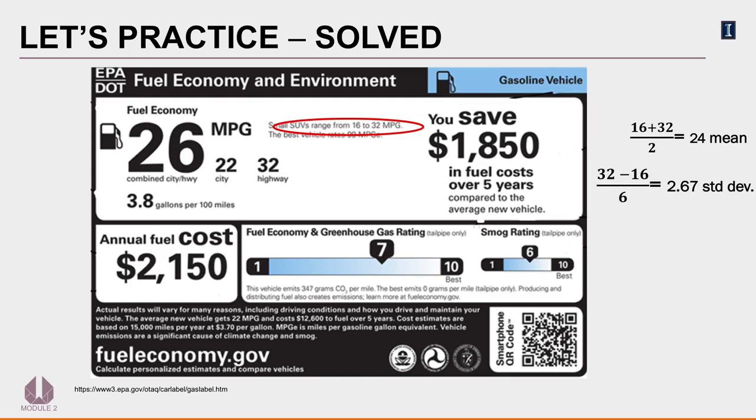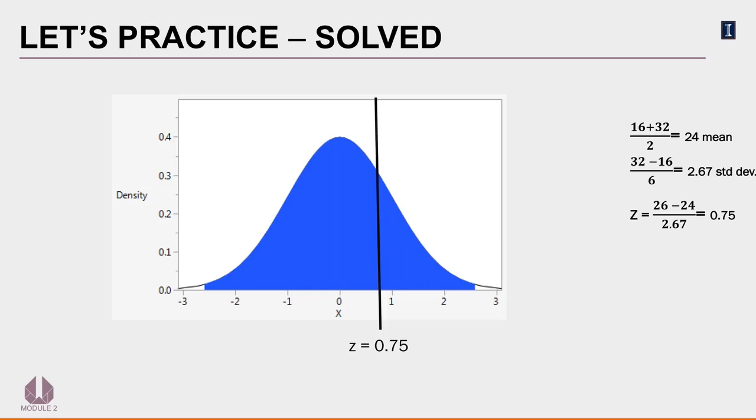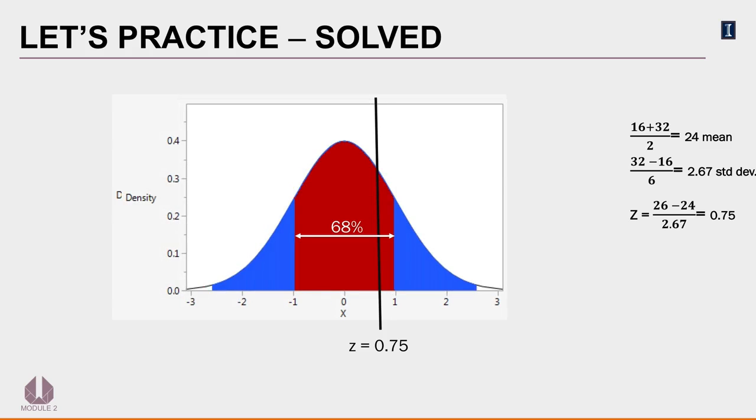So this particular car that you're considering is above average and is roughly 0.75 standard deviations above the mean. Now remember that 68% of observations fall within 1 standard deviation, shown here in red. The remaining 32% of the observations are distributed symmetrically outside of plus and minus 1 standard deviation, shown in blue.